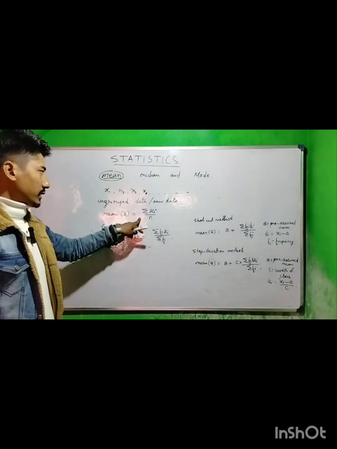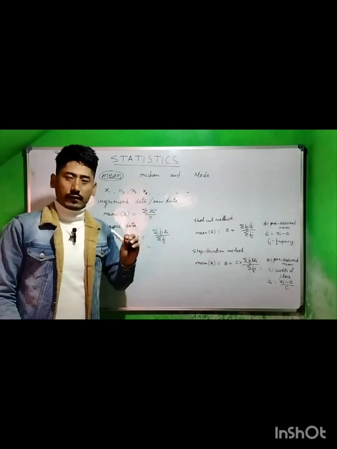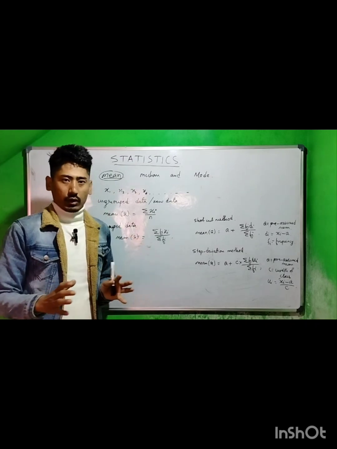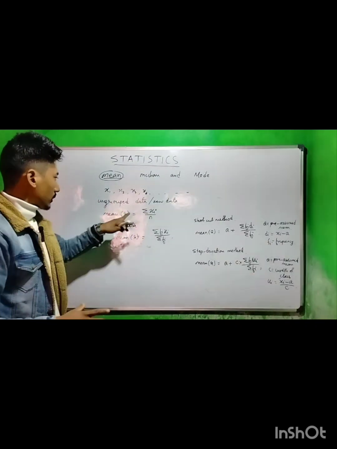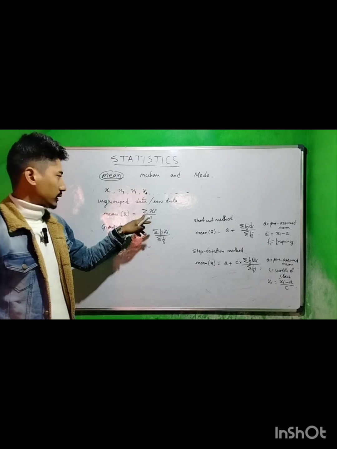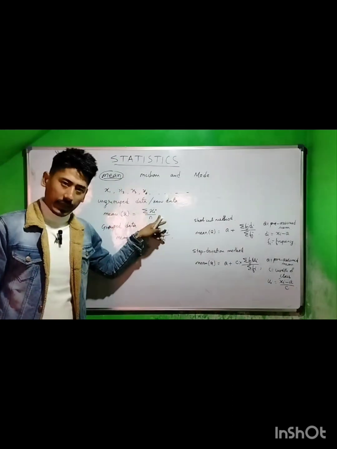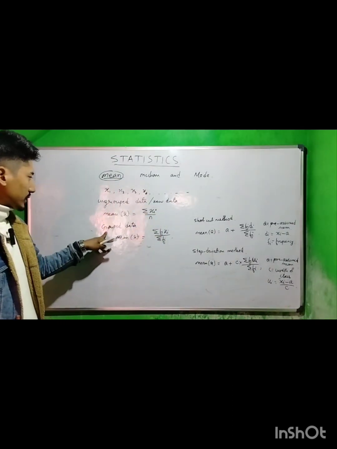The first formula is used when the given data is raw data or ungrouped data: summation of xi over n. Number two is grouped data.